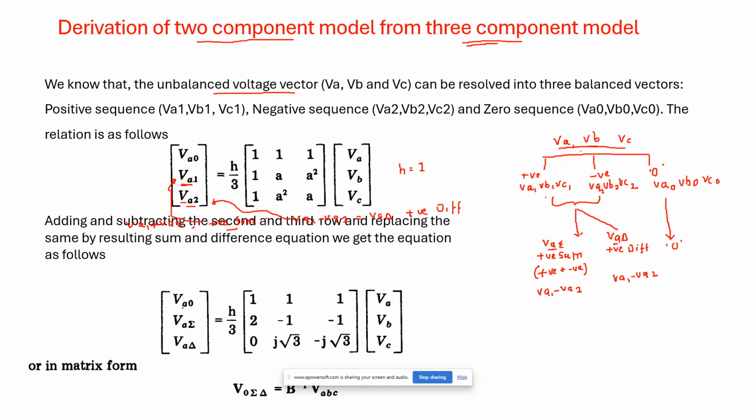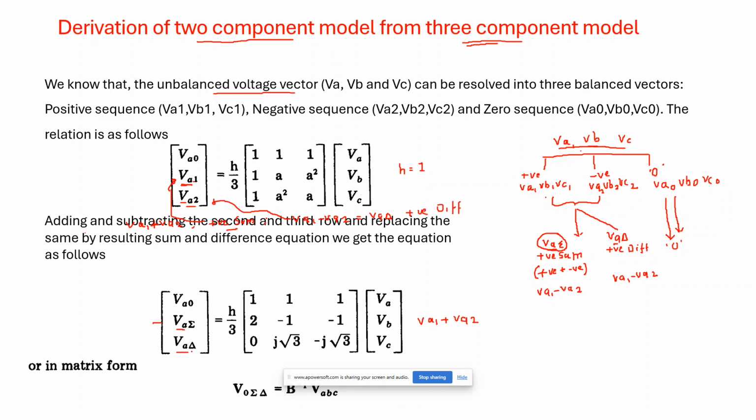So we get this equation. The first row we are not disturbing, we are keeping it as it is. That is, the zero sequence component is kept as it is. But how do we get VA summation? The second row is obtained by adding the second and third rows, VA1 plus VA2, which is called the positive sum.